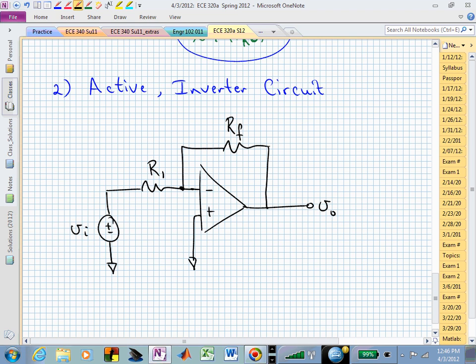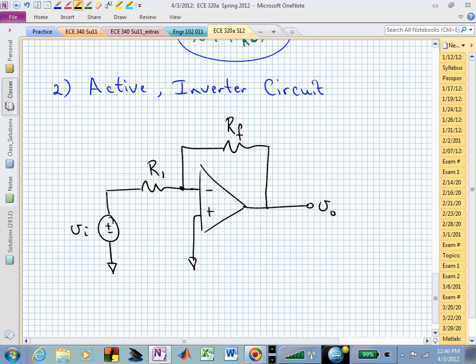We have this op amp, and this is the interconnection structure, or the passive elements that are attached to this active device. Implicit in this diagram are the power supplies that energize this op amp. I haven't explicitly indicated those, but you would have to connect this op amp with the appropriate power supplies to make it function. And that's implicit in my diagram.